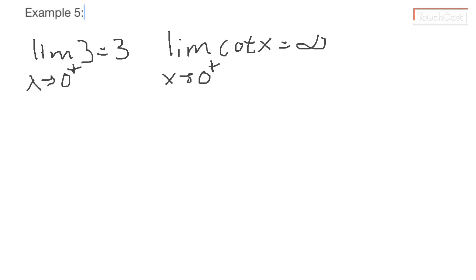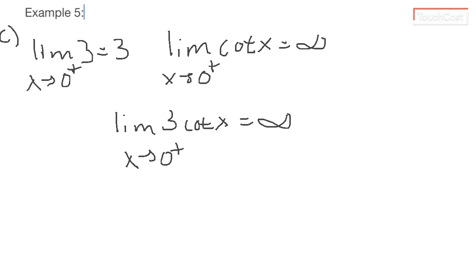Which again, these you can confirm using a graphing utility. This is 5c. We're going to ask what is the limit of 3 cotangent x as x goes to 0 from the right. This is a product. We're going to take 3 times infinity. Anything times infinity is just going to give us infinity back.